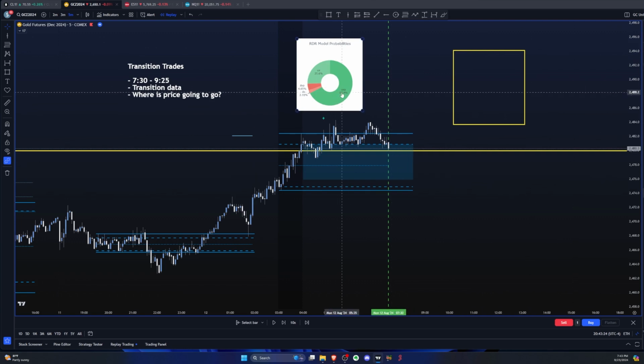I have a 67% probability that we're going to form above this range right here. 67% is absolutely a strong probability here. So we definitely want to make sure that we find a spot where we can put risk on and take a shot for this particular transition trade.